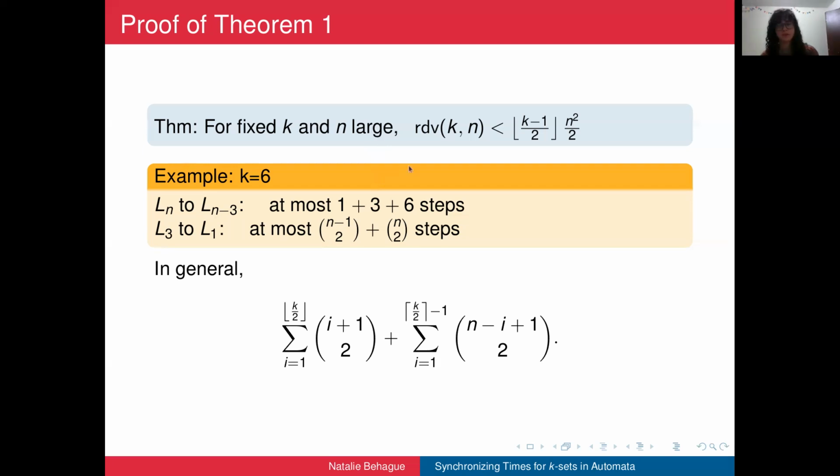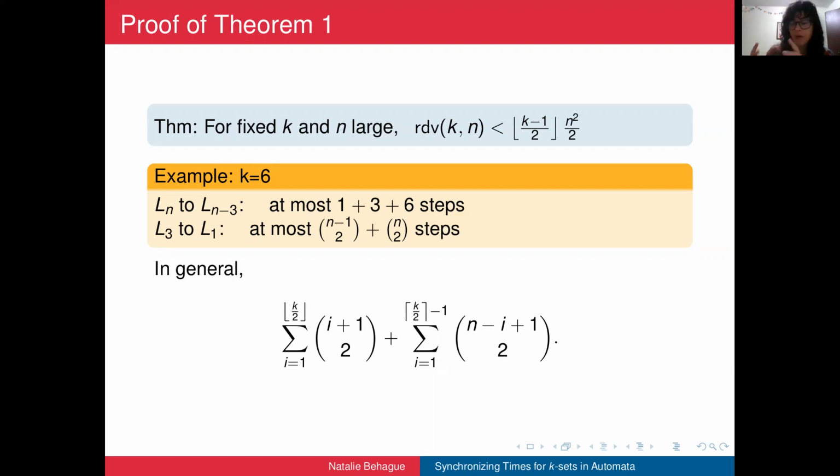What we say is that to find a map from a set of 6 states to a singleton, we have a word that takes the set of n states to a set of n minus 3 states. So in particular, we must be able to find 6 states within all of the states that get sent to only 3 states under the application of that word of length 10.